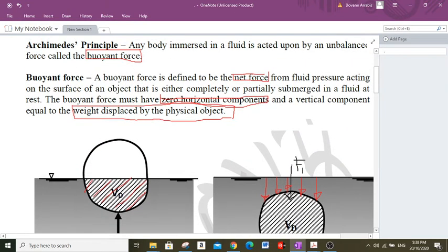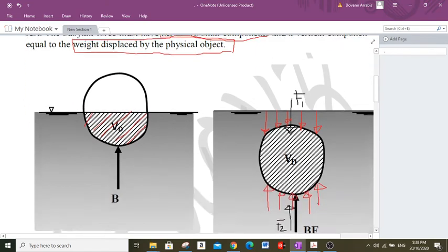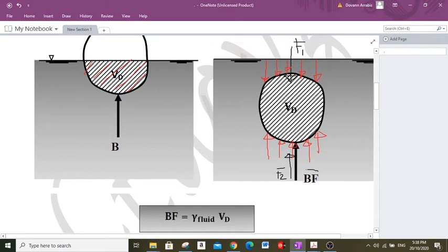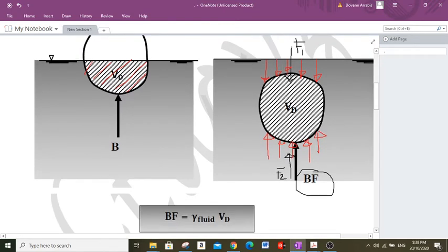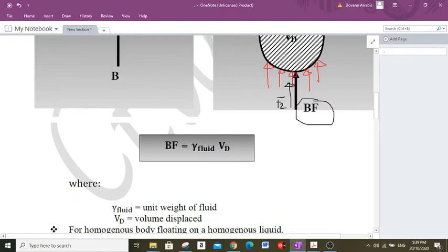The buoyant force is defined as the net force, so this buoyant force is the difference between F2 and F1, and it is given by the equation BF is equal to gamma of fluid times the volume displaced.